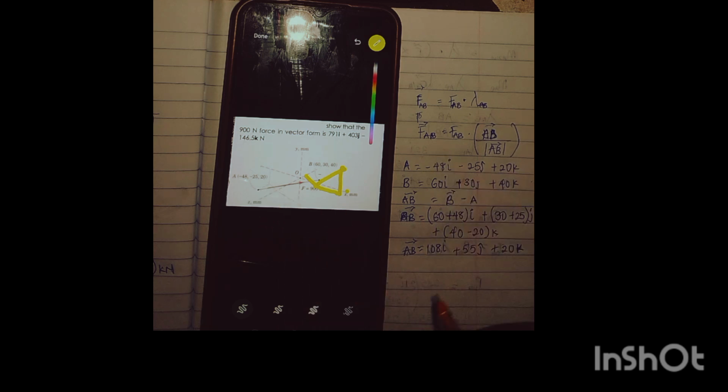Are we good? So we can now go into our particular force. We have force F of AB to be equal to, we are given a particular 900 force.